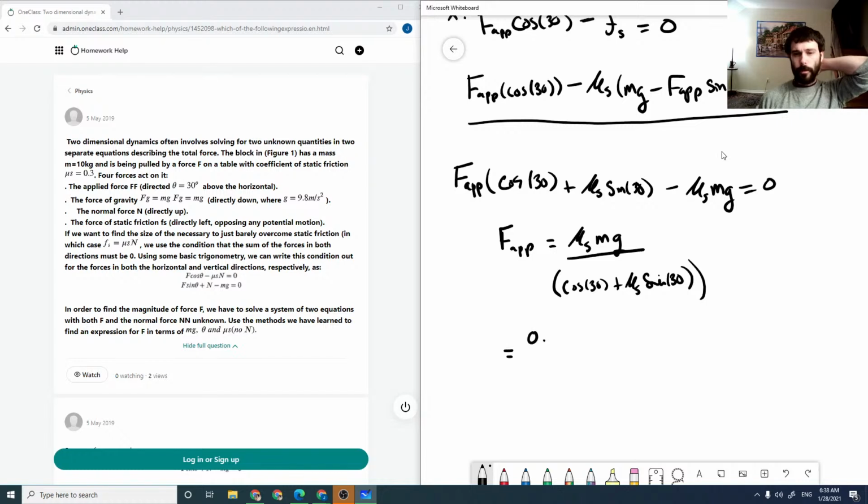So that would be 0.3 times our mass, which is 10 kilograms, times our g, which is 9.8 meters per second squared, over cosine of 30 is root 3 over 2, plus 0.3, and sine of 30 is a half.